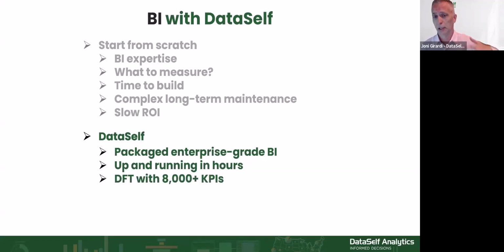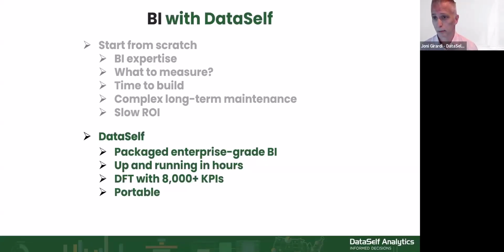In the beginning of the journey, depending on how many modules you get in the DataSelf system with the DFT layer, which we call the templates, if you have everything, you get more than 8,000 reports and dashboards: AR, AP, financials, inventory, sales, opportunities. There's a lot of things that plug and play in hours into your ERP, CRM, and payroll systems.